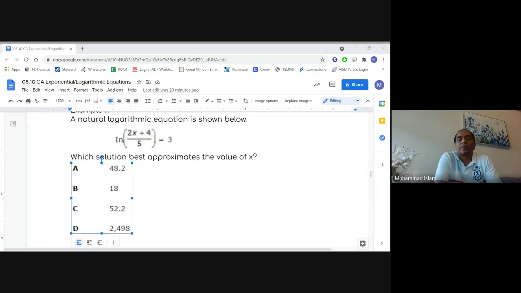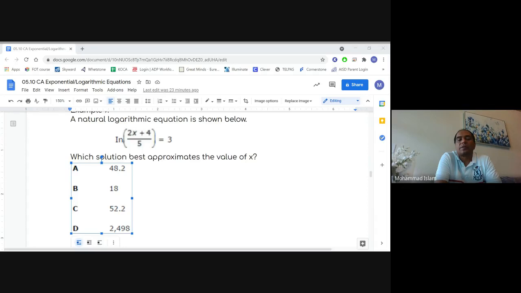Then you get rid of the 4 from both sides, so you subtract 4, you get negative 4 here, and then you divide by 2, so this cancels out. Then you divide by the same 2 on the other side. So you end up with 5 upon 2 e cube negative 2.